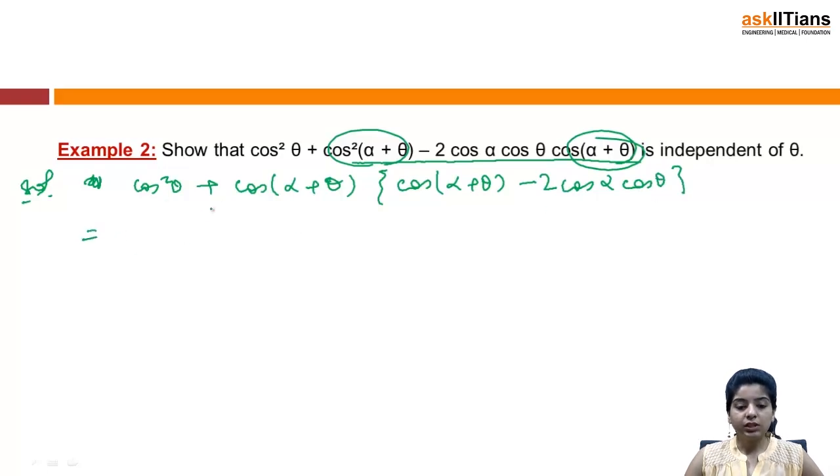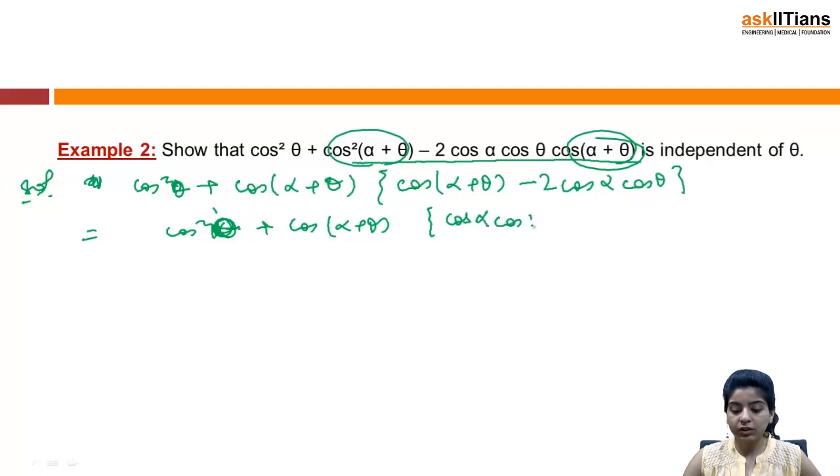Sorry, this was cos square theta, so we have cos square theta plus cos alpha plus theta into cos alpha plus theta, or I can just open up this using the formula for cos of A plus B. So I have cos alpha cos theta minus sin alpha sin theta minus 2 cos alpha cos theta.